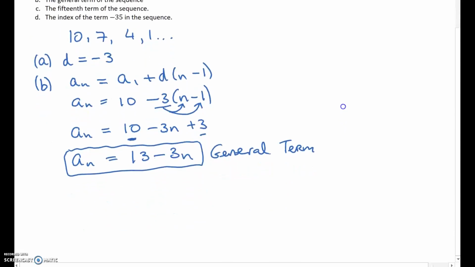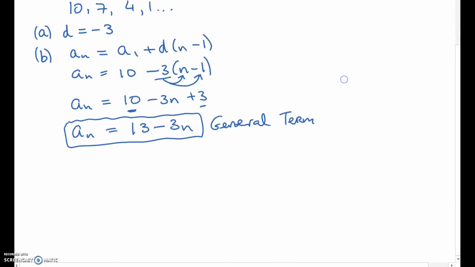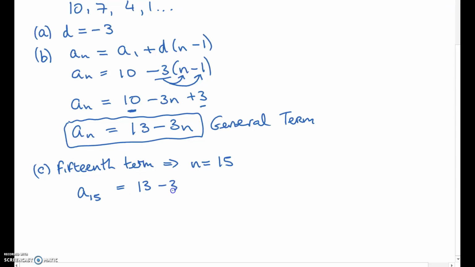We're then asked for the 15th term. So if we want the 15th term, we make n equal to 15. If we fill it into the formula we have for the general term, it's A15 equals 13 minus 3 times 15.